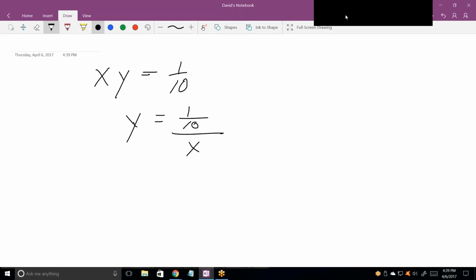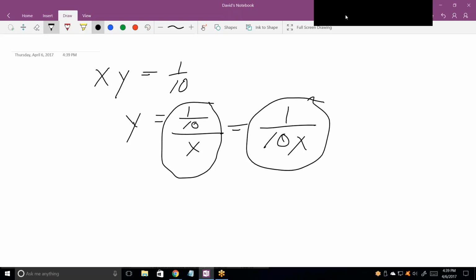I could rewrite this as 1 over 10x, but it actually is a little better written this way because this tells you exactly what k is. When I write it like this, it's a little confusing. I have to think about it twice before figuring out what k is. So writing it like this, where you just leave that number in the numerator and divide the whole thing by x, shows you that it's an inverse relationship and also shows you what k is.